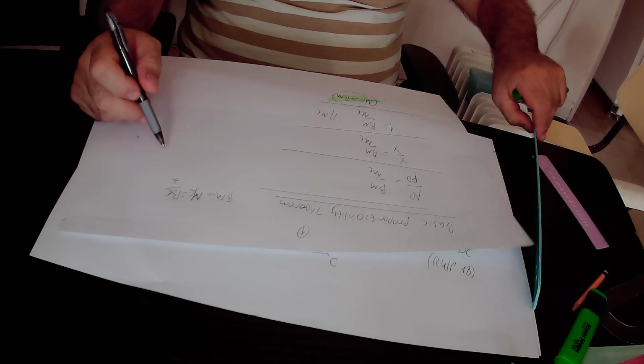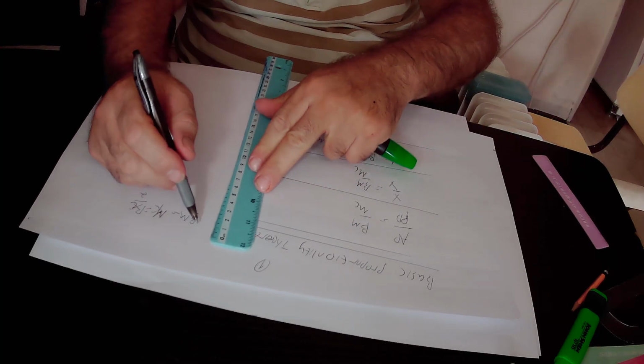So in total we found out that BM equals MC equals BC over 2.